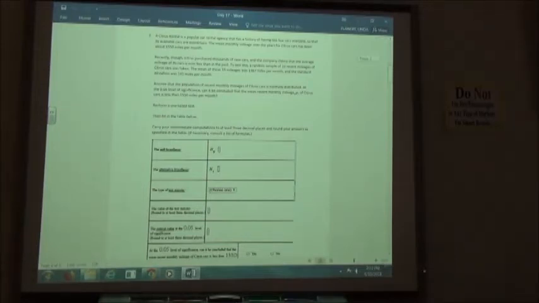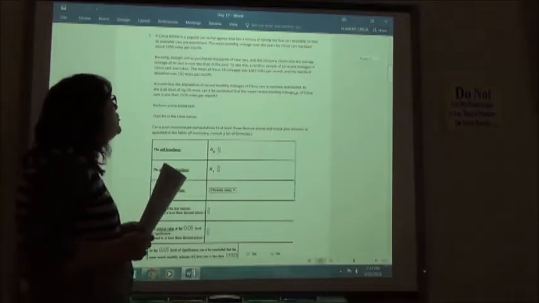To test this, a random sample of 10 recent mileages of Citrus cars was taken. The mean of these 10 mileages was 1,467 miles per month. Standard deviation is 245 miles per month. Assume that the population of recent monthly mileages of Citrus cars is normally distributed.